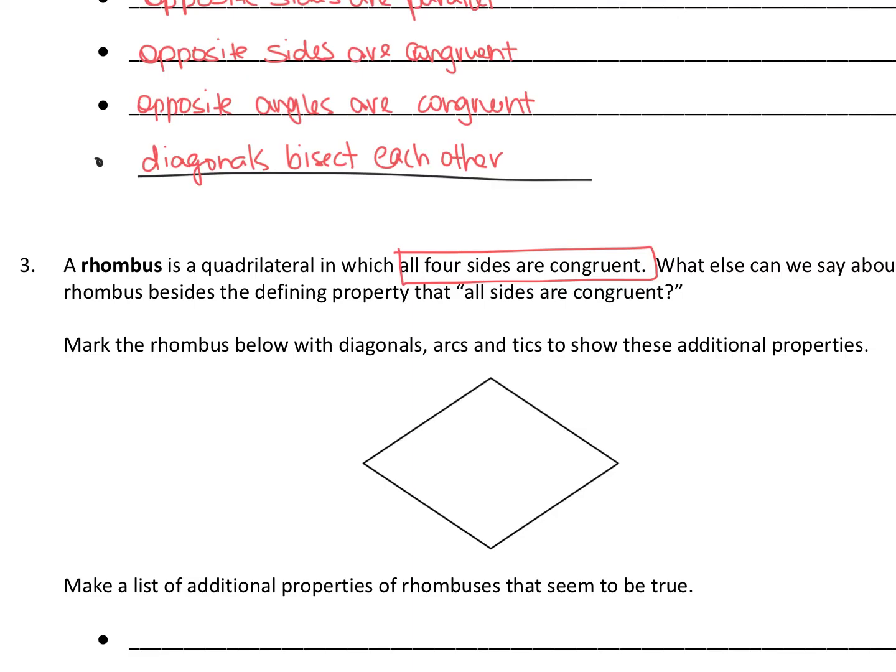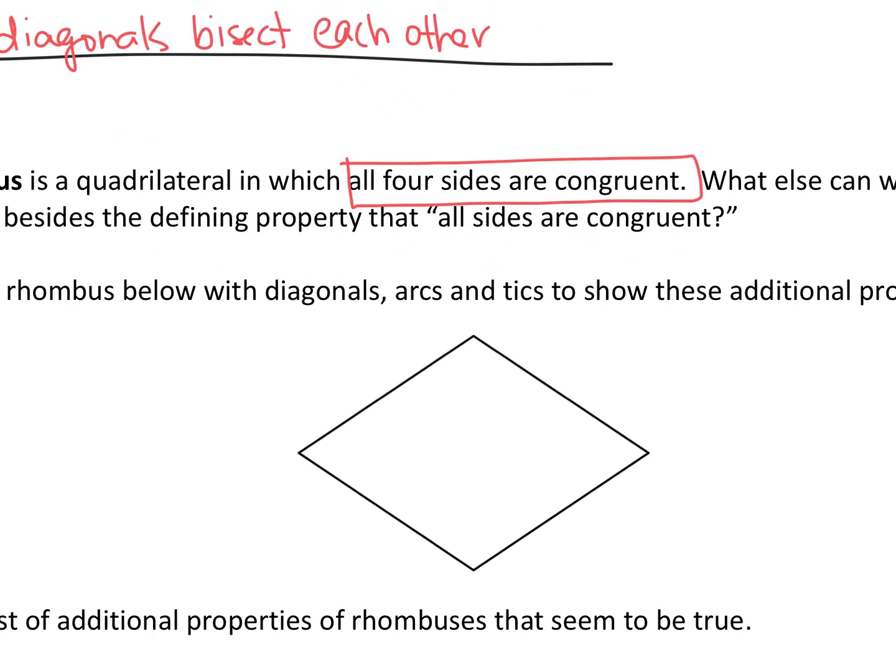So we know that in a parallelogram, opposite sides were parallel. So let's just add that in here, right? We'll do some notation. So this is parallel to this. This is parallel to this. Specifically for a rhombus, all sides are congruent.